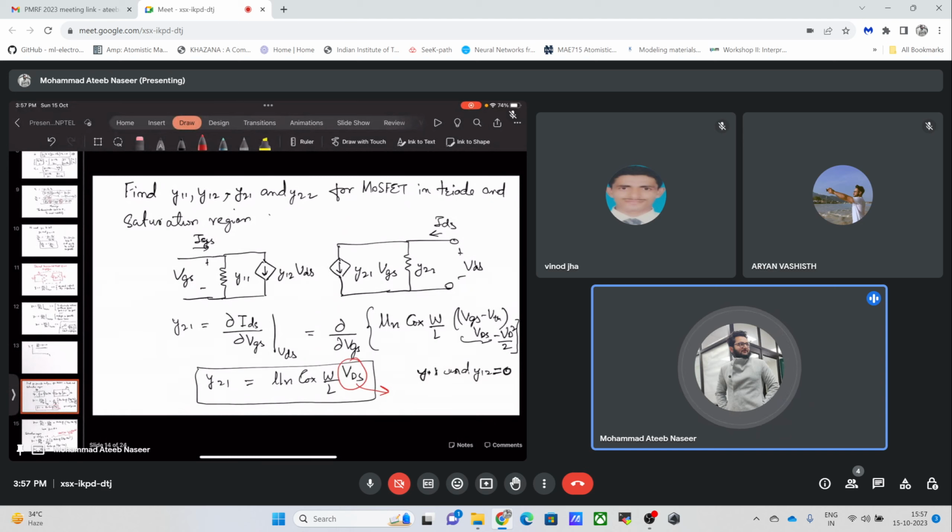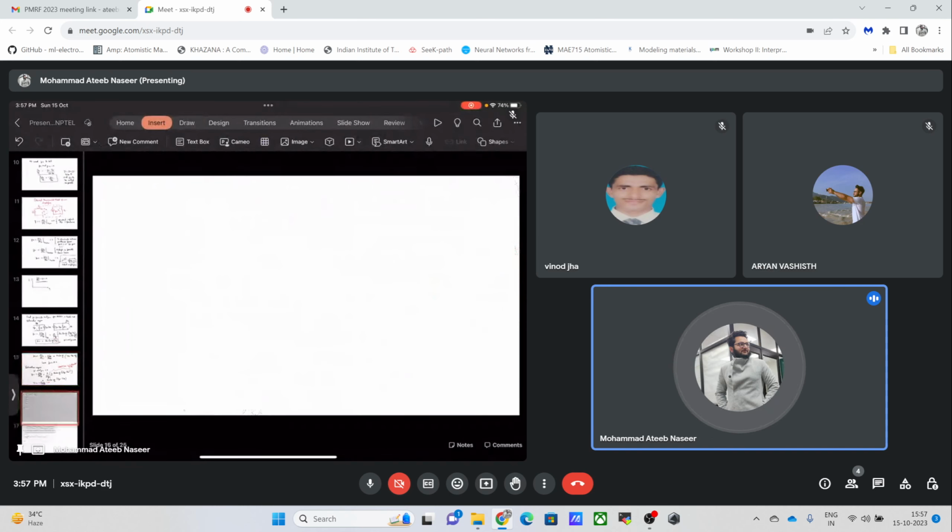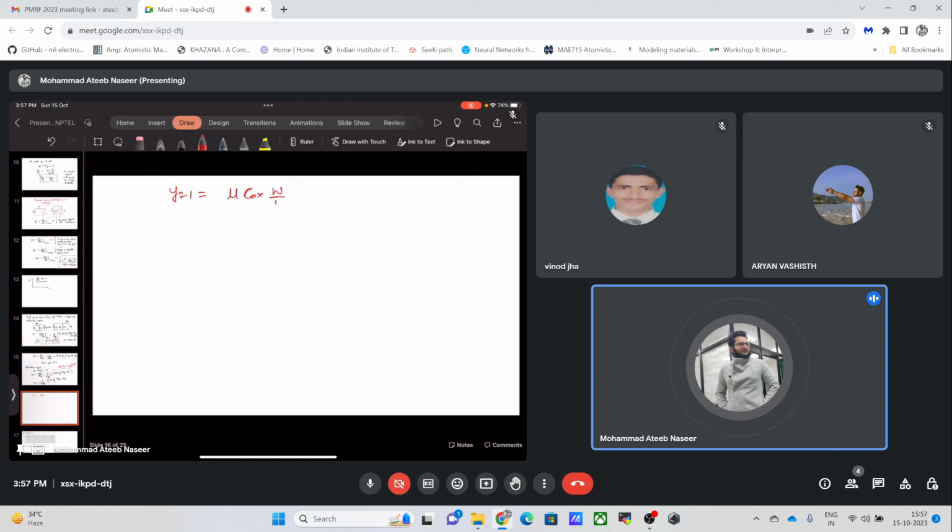We can clearly see this if I draw a simple plot for Y21. In the triode region it is equal to mu n Cox W by L VDS, whereas in the saturation region it is equal to mu n Cox W by L into VGS minus VTH.